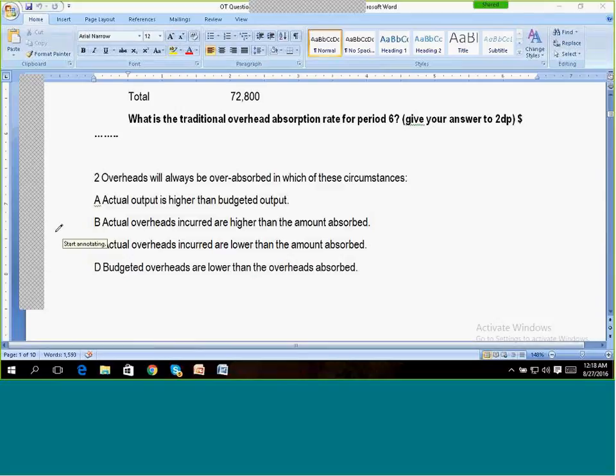So overhead under or over absorption occurs always because when we go by predetermined rate, we have to compare with the actual overhead. Always with the actual output, by machine hours or actual labor hours times overhead absorption rate.